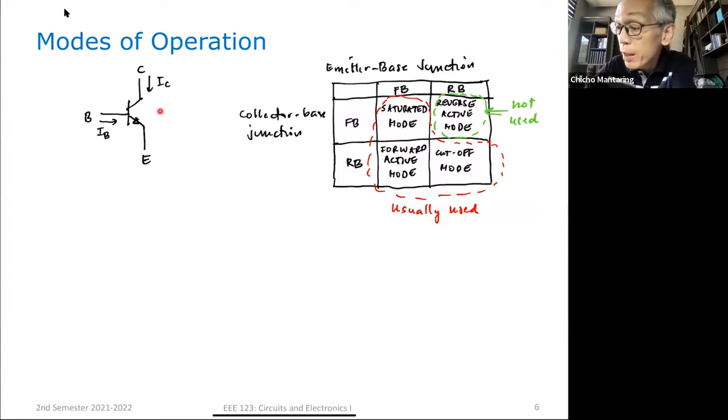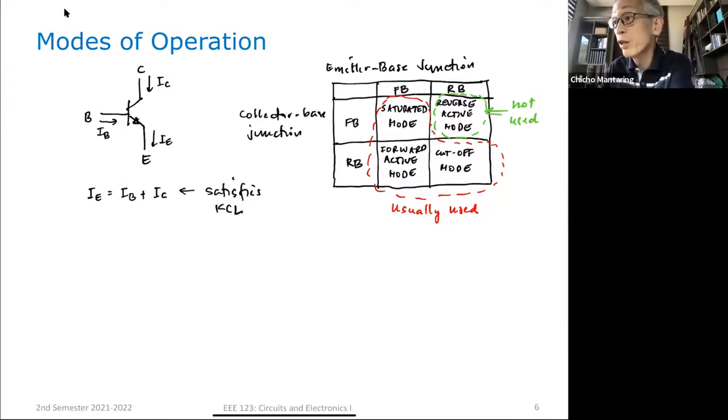Now, you can apply KCL to the transistor because a transistor cannot accumulate any charge. It follows that you get an emitter current that is outward, equal to your base current plus your collector current. So this satisfies Kirchhoff's current law.